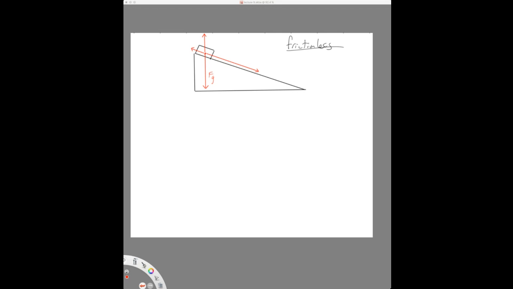Answer this poll, please. How many points of contact are there on the box? Need a couple more responses. We're almost there.